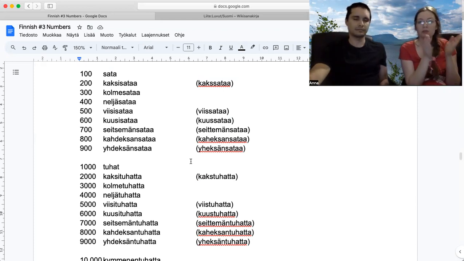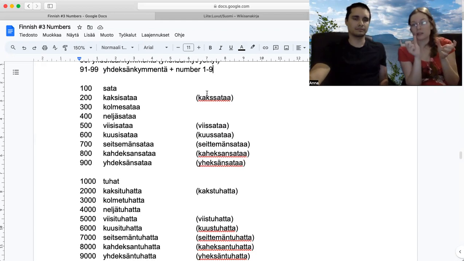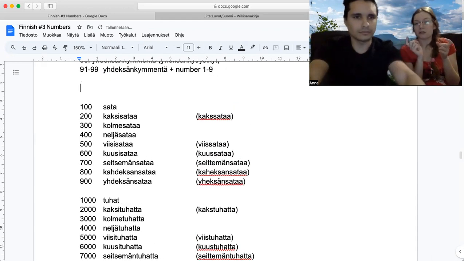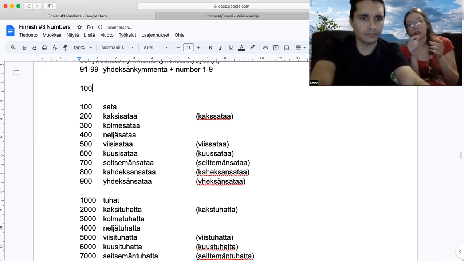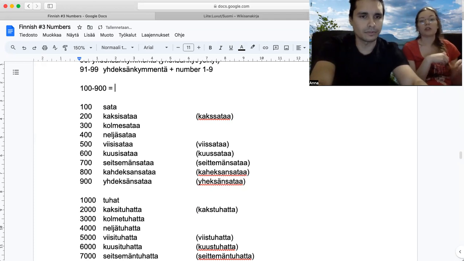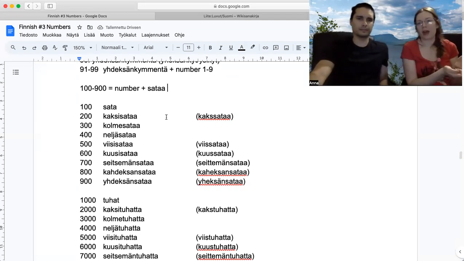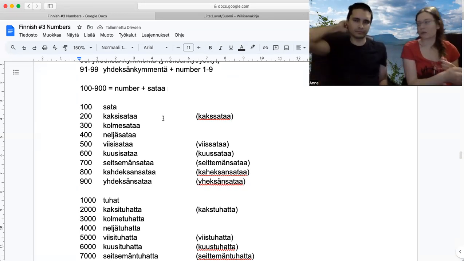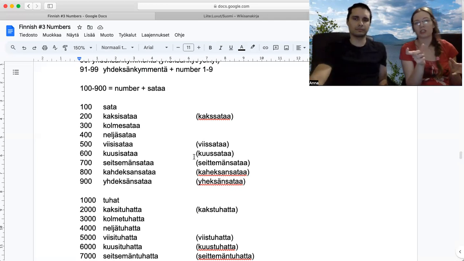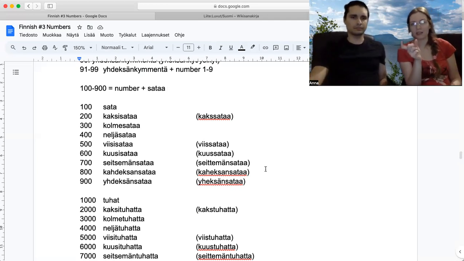So you choose the number that you need and add sata in its partitive form, so you're adding another a at the end. So 200, 300, and so on. We don't have this in English, but in Finnish we add this sata.